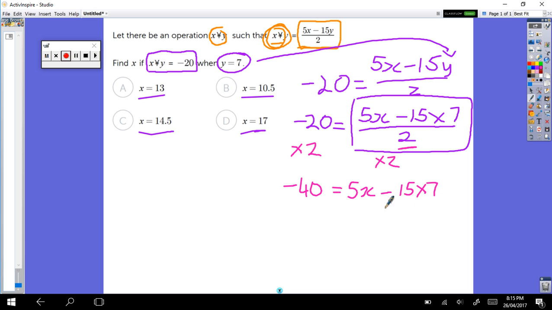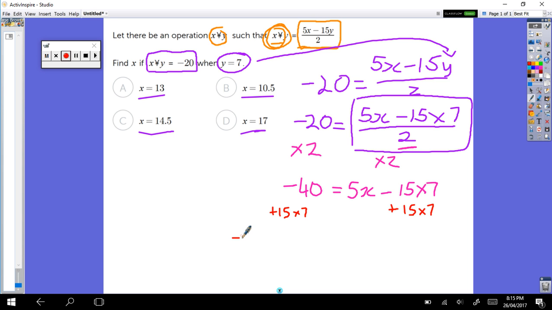Now on the right-hand side you've got 5 lots of x minus 15 lots of 7. So our next step is add 15 lots of 7 to both sides. Remember, if you'd worked out what 15 lots of 7 is on your calculator, you'd have just a number, plus 100 and something.